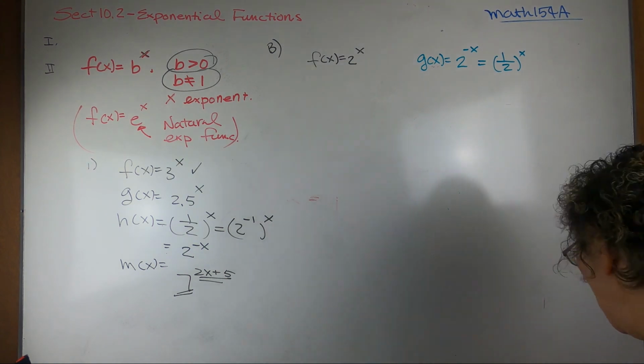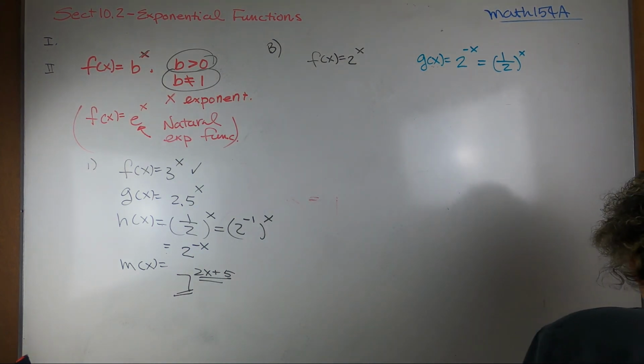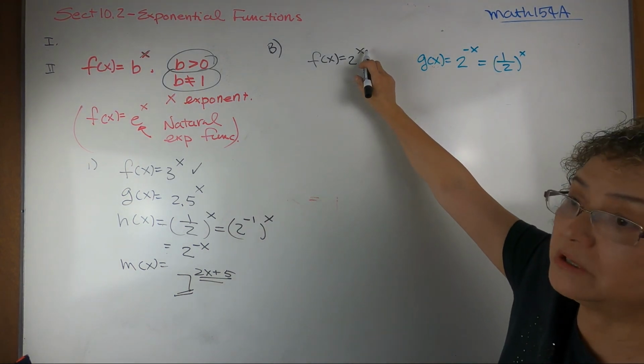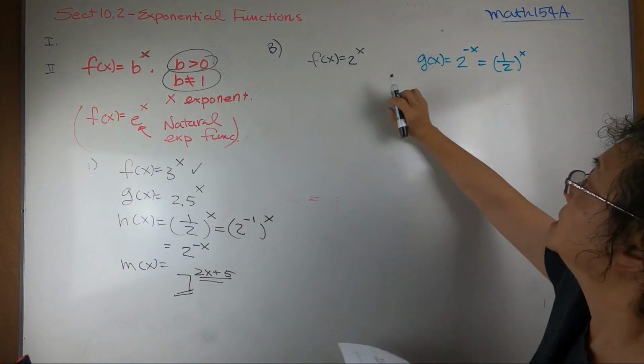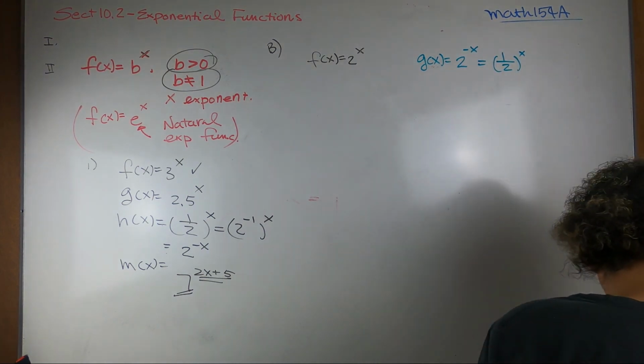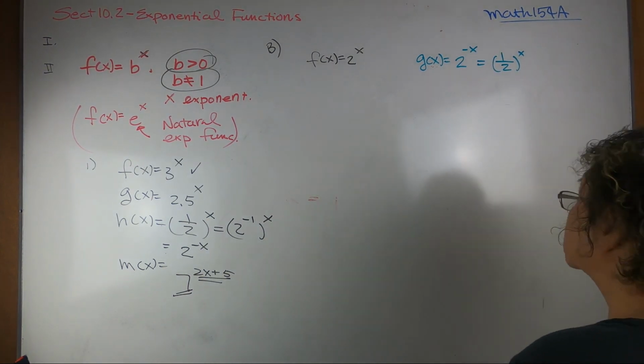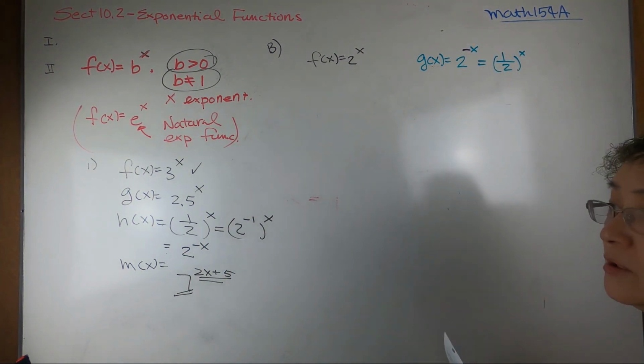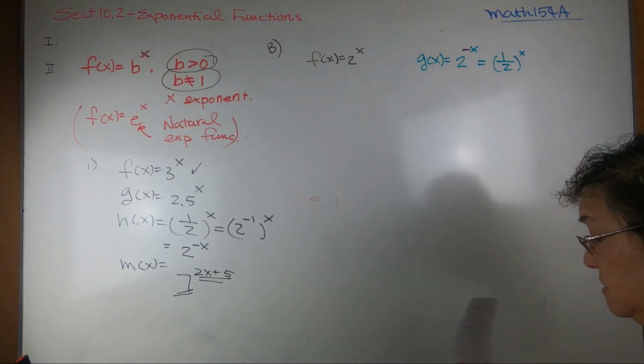So we are going to graph them to show you what happens if the power is x, regular x, and what happens if the power is negative x. Let's compare them. Okay, visualize them first.